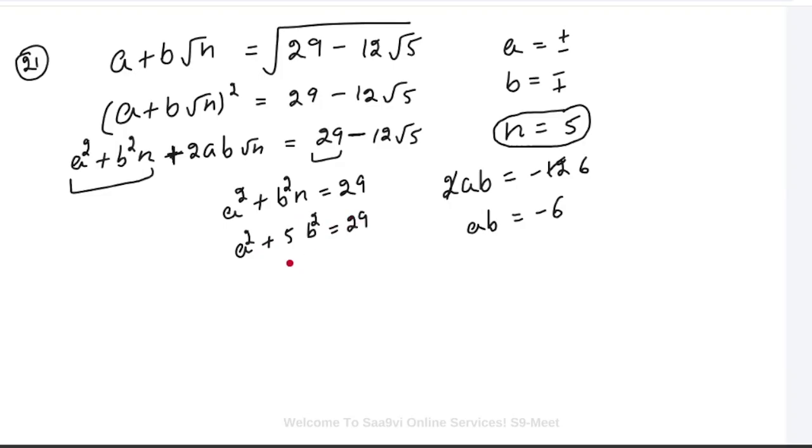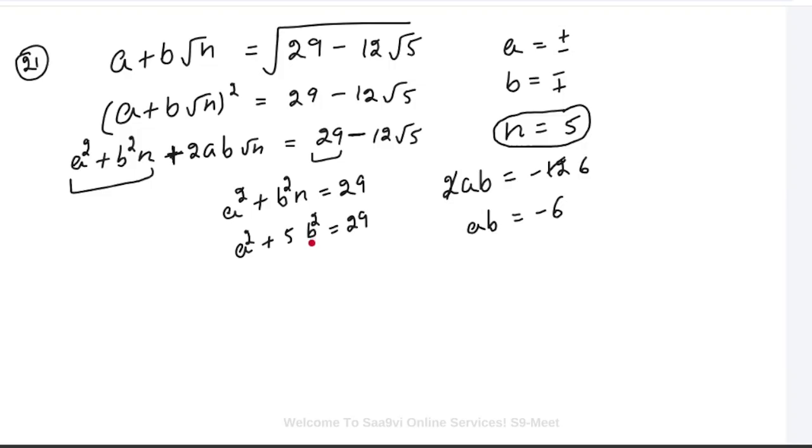Now the possible values which I can have is 29, and here I have a multiple of 5. That means this can be 25 plus 4. But to make it 25, we need to have b as root 5. That is not possible, right?